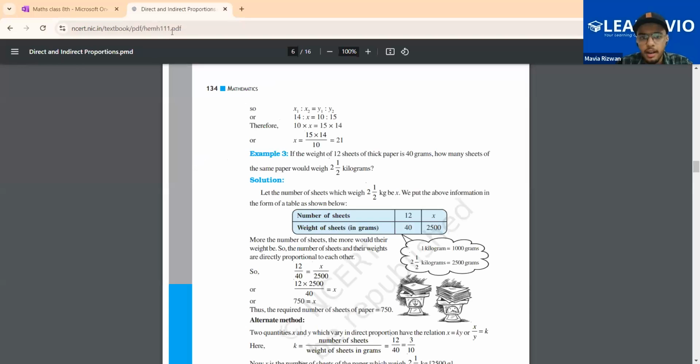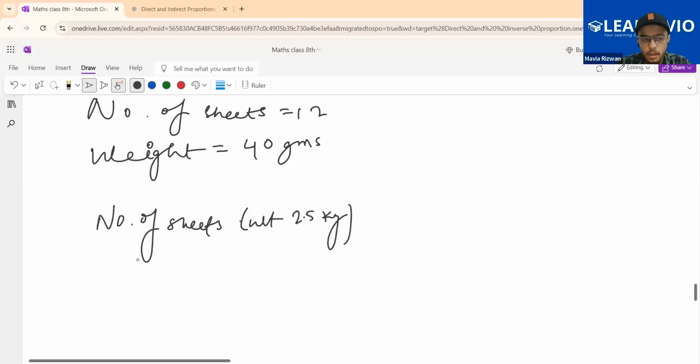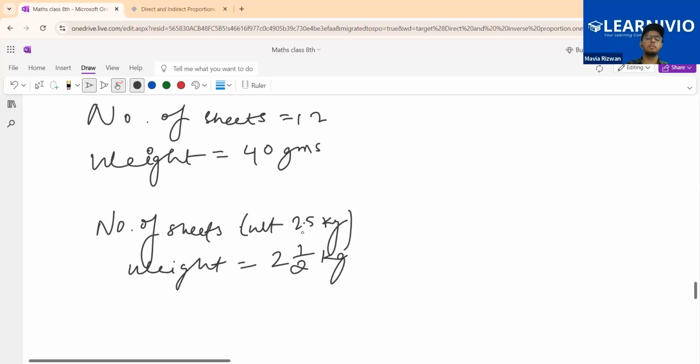Now they are asking how many sheets of the same paper would weigh 2.5 kilograms. So number of sheets, when weight is 2.5 kgs. Okay, and weight is 2.5 kgs. Now see, I told you that we assume one type of quantity as x and the other type of quantity as y. So what can I name x and what can I name y here?